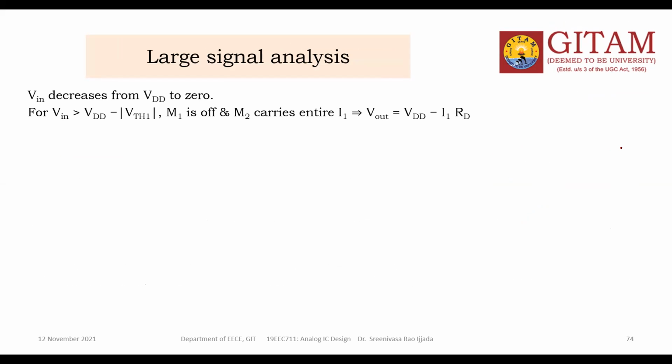Suppose the input voltage is greater than VDD minus VTH1, M1 is off, M2 carries the current I1, and Vout is equal to VDD minus I1 R2.